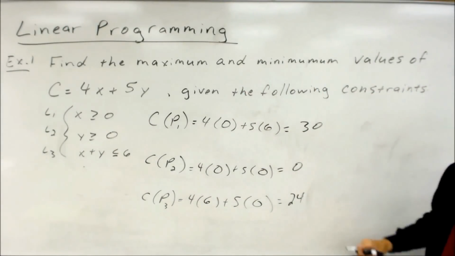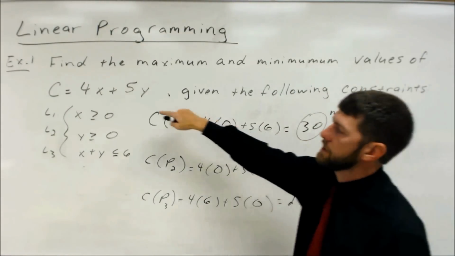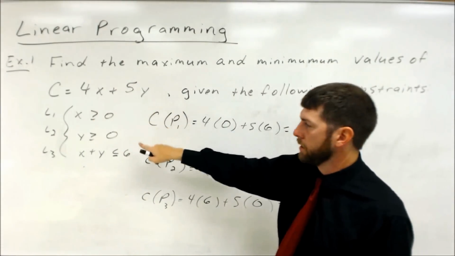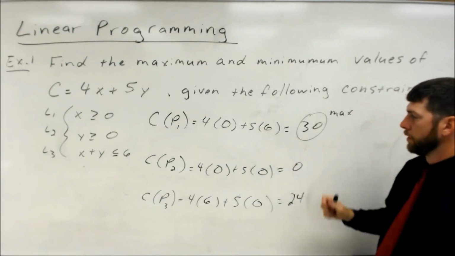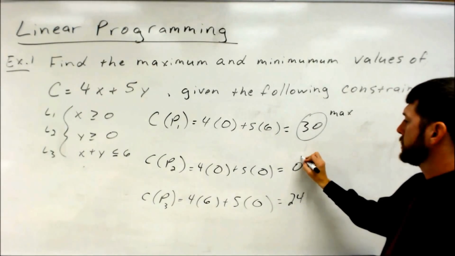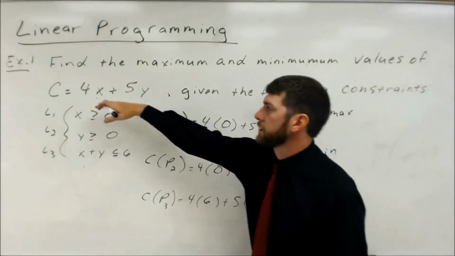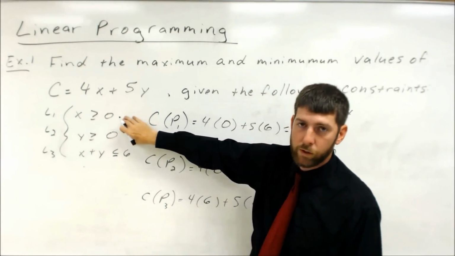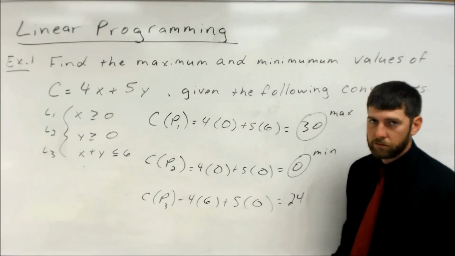So of these 3 values, the maximum is 30. So the highest this equation can ever be, given these constraints, is 30. And the minimum in this case would be 0. Because the smallest that this value can ever be, given only using points from this system of inequalities, is 0.